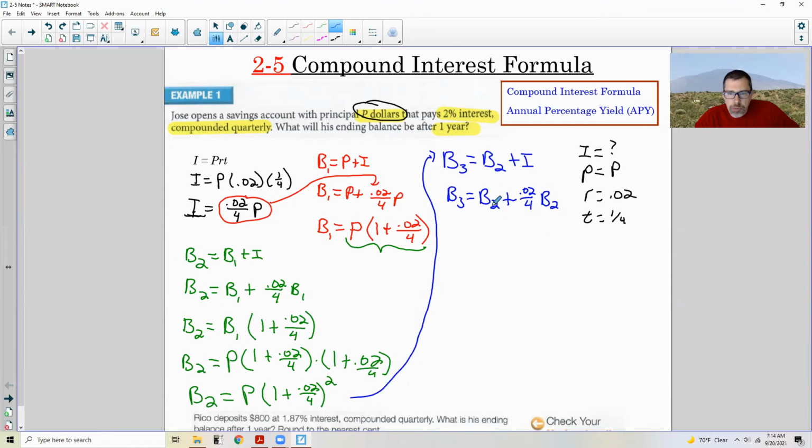Okay, so it's the principal from the second quarter plus interest times the principal from the second quarter, or the rate and time. Okay, so then B sub 3 is going to become B sub 2 plus, well, what is B sub 2?